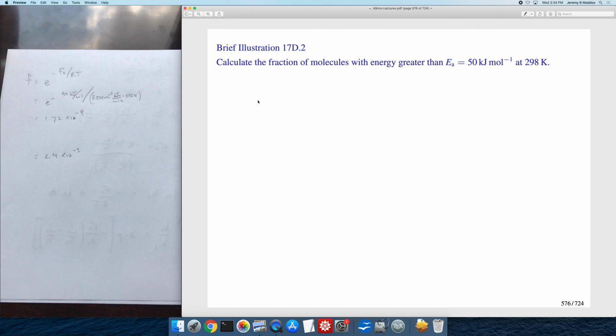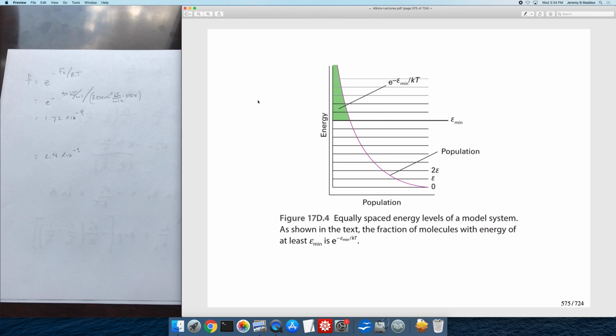So a larger fraction of molecules, much larger in this sense. So essentially that's how the Arrhenius factor works. The larger the temperature, the larger the population will be above that activation energy.